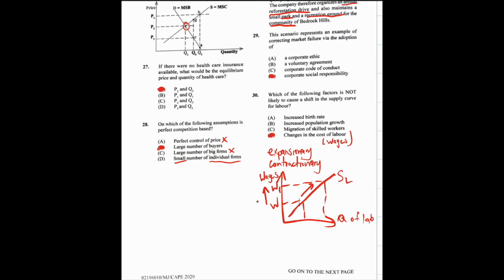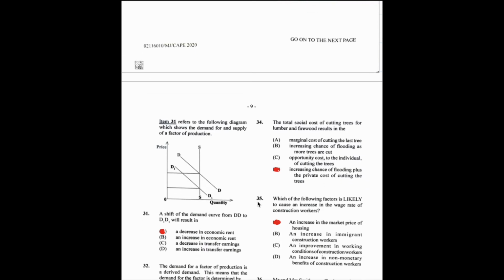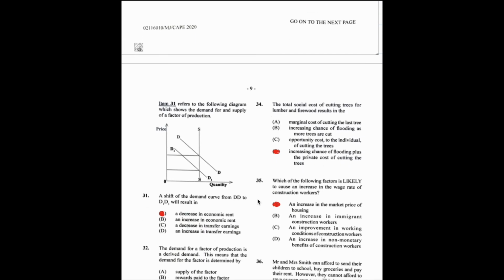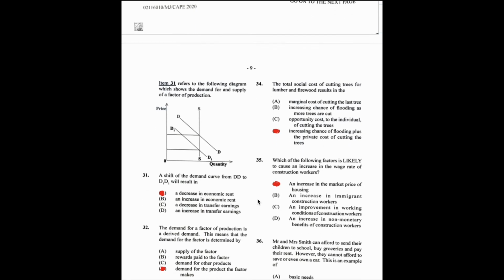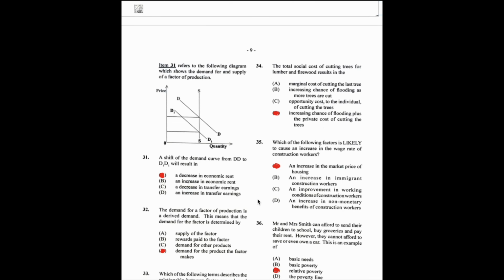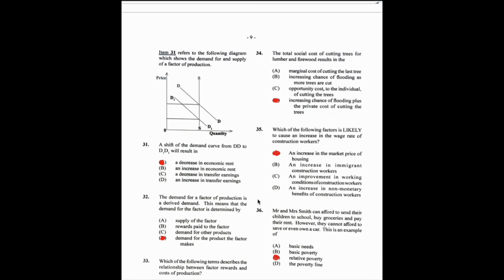Okay. Next question, 31, says, a shift in the demand curve from DD to D1D1 results in a decrease in economic rent. The demand for a factor of production is a derived demand. This means that the demand for the factor is determined by D, the demand for the product the factor makes.